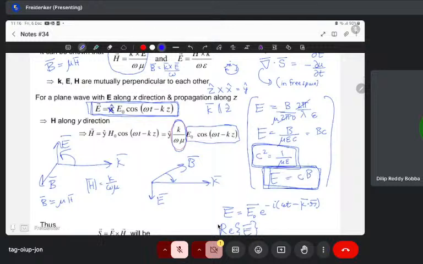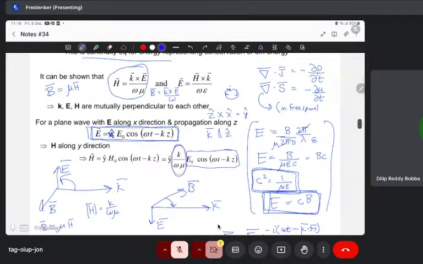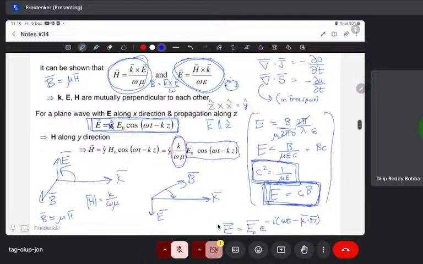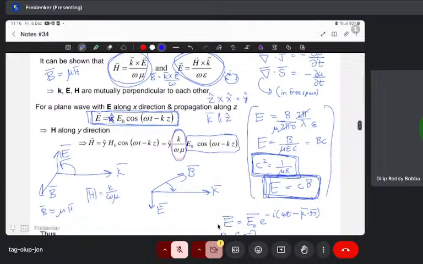So the same thing they wrote like this and like this. If you want to memorize, you memorize, or else this is one way of finding magnitudes. But if you find magnitude, that's not enough, right? You need direction as well. All three of them are mutually perpendicular. So keeping this in mind, you can find direction however you want.